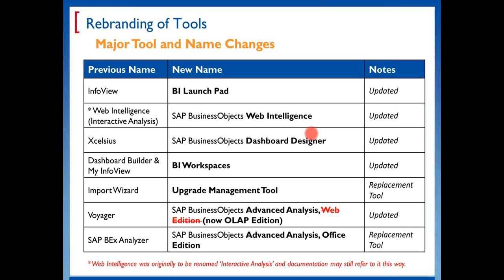However, with version XI 4.0, this import wizard no longer exists, and it has been replaced with a tool called the Upgrade Management Tool. Using this tool, you can perform platform upgrades, such as moving content from one platform to another. These are now performed using the Upgrade Management Tool.